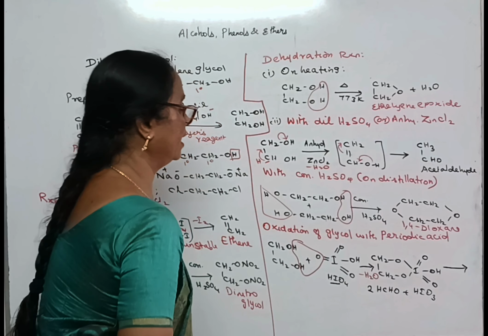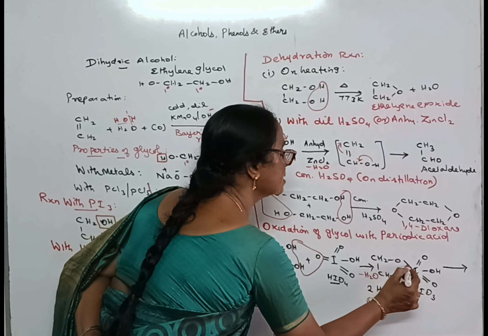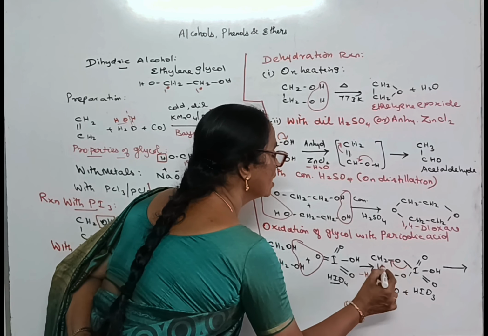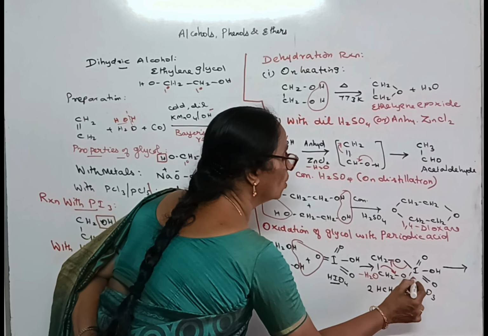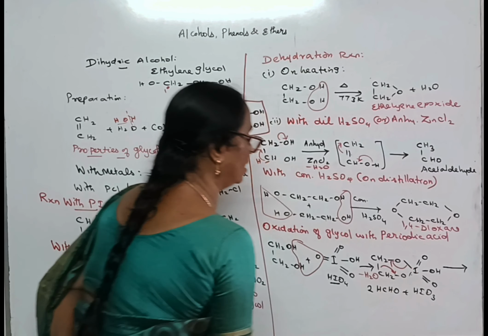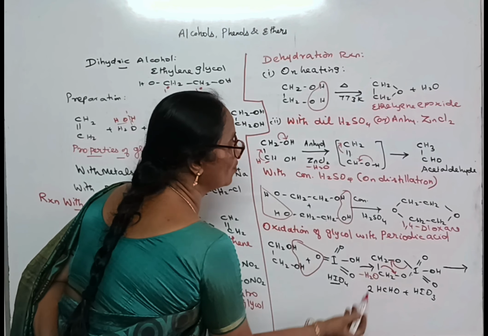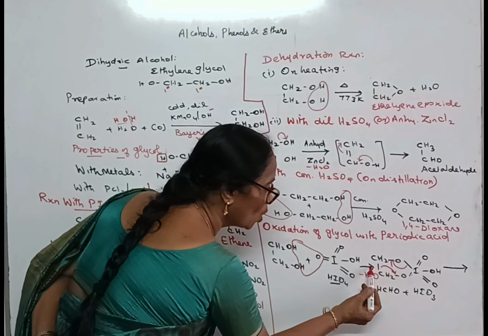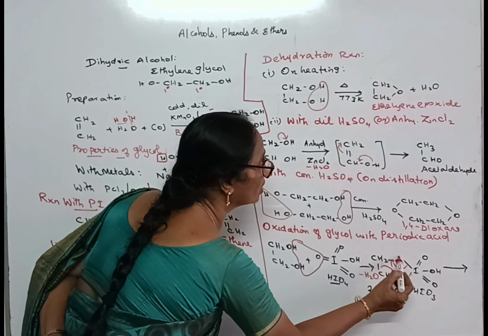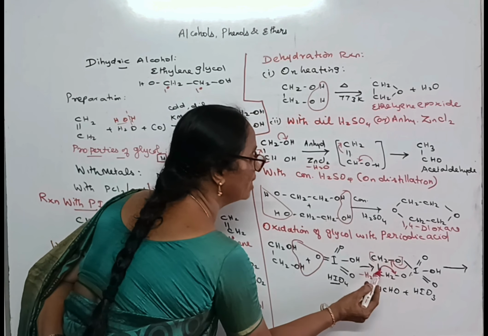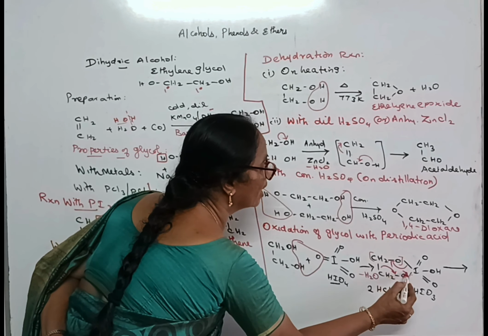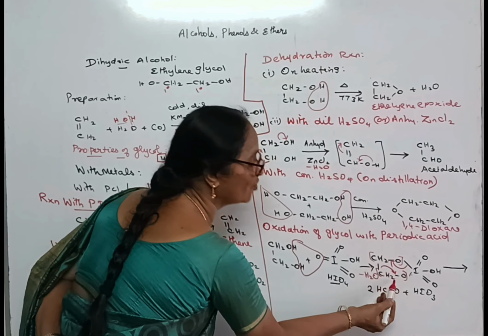From this adduct, there is a subsequent movement of bonds within the molecule, and hence we may get 2 molecules of formaldehyde. This bond is broken, so CH2O, this makes 1 formaldehyde, and this bond is made over here, so this molecule makes another formaldehyde.